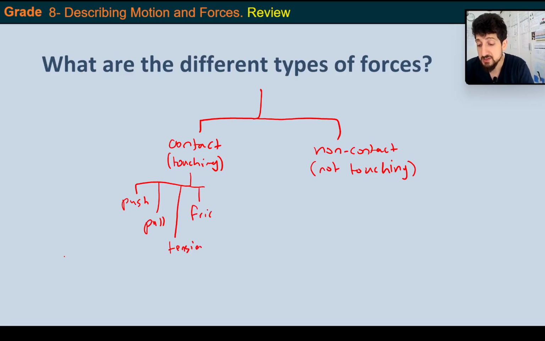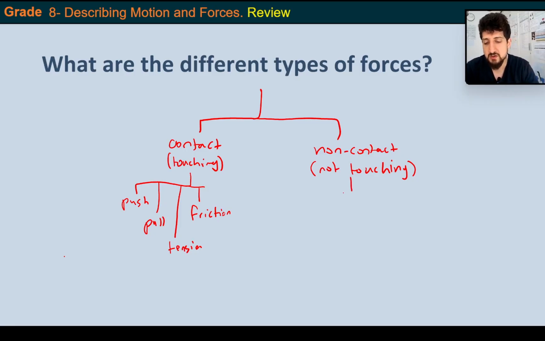Friction is certainly a contact force. What else? So we could say thrust, for example. Let's just stop there. I think that's enough. There's many different types of forces, including twist and lift and air resistance and all of that, but we're just gonna stop there.